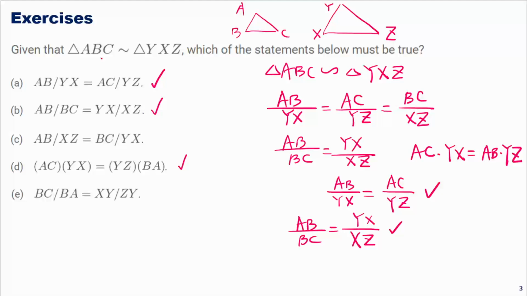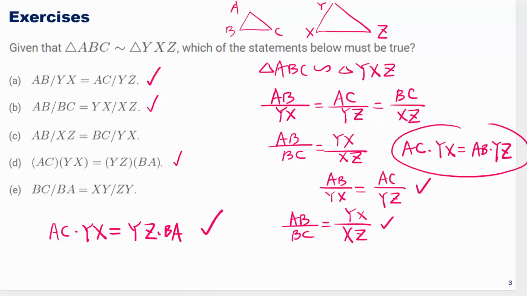From part A, we know that the third one is not necessarily true, right? And also note that AC times YX equals YZ times BA must be true because we have proved it here. So D is always true, but E is not necessarily true.